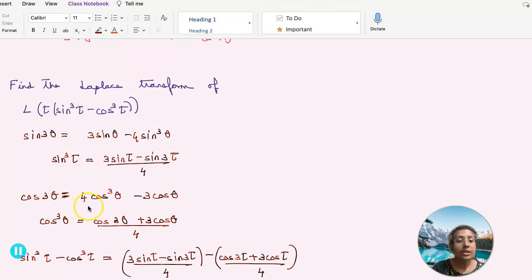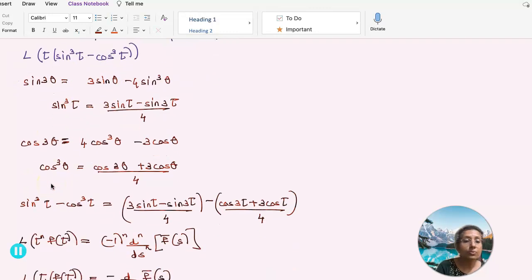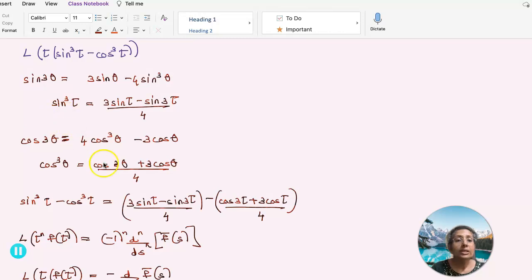Again, cos 3 theta is 4 cos cube theta minus 3 cos theta. So what will be cos cube theta? Cos 3 theta plus 3 cos theta by 4. And that's what we are going to substitute here for sine cube t and cos cube t. So you get 3 sine t minus sine 3t by 4 minus cos 3t plus 3 cos t by 4.